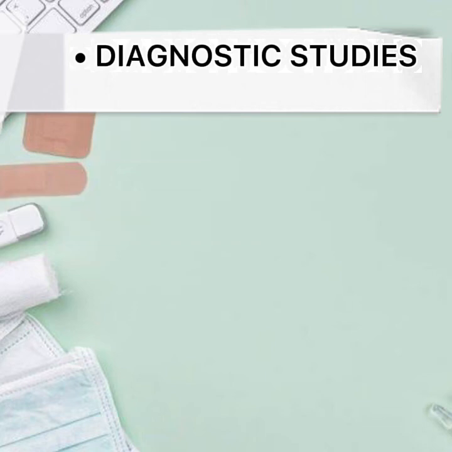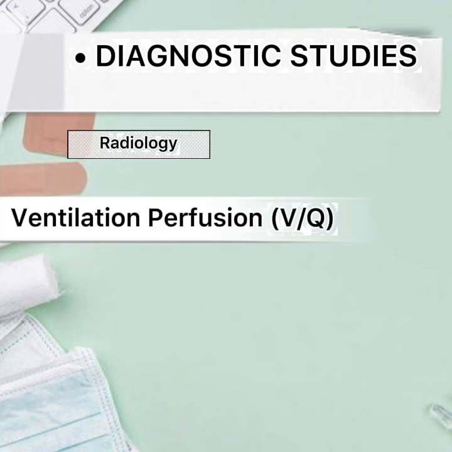Next, we have your radiology. First, ventilation perfusion or your VQ scan. It is used to assess ventilation and perfusion of lungs. Intravenous radioisotope is given to assess perfusion. For the ventilation portion, the patient inhales a radioactive gas, usually xenon or krypton, which outlines the alveoli.